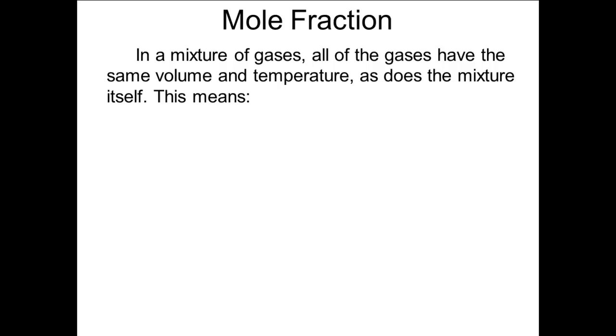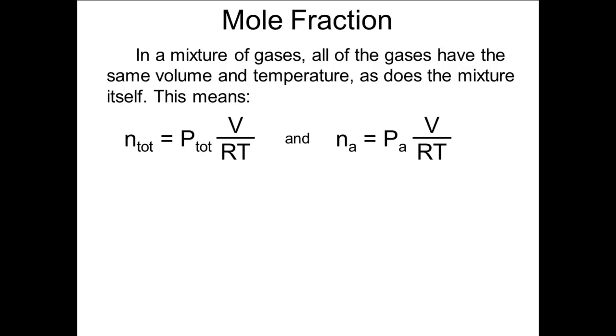So what we have is the total number of moles equals total pressure times V over RT, and moles of gas A equals partial pressure of gas A times V over RT.